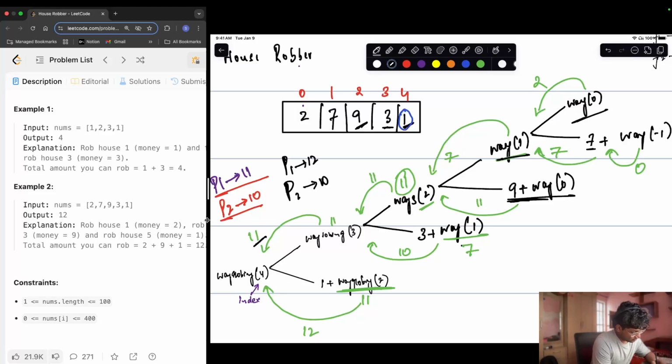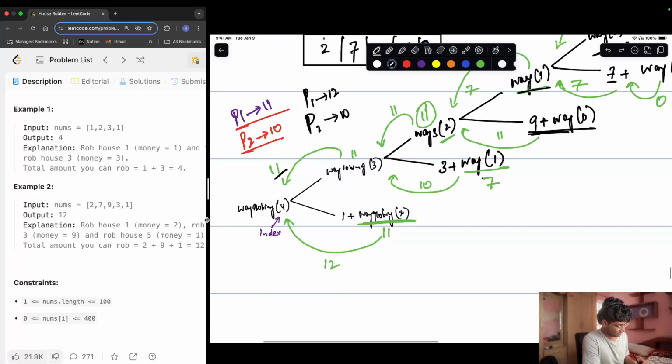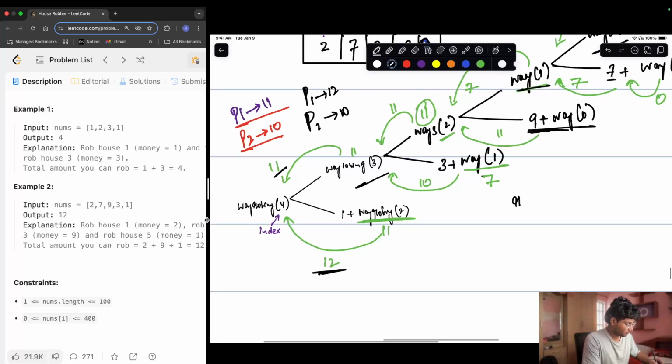So what are the ways of picking? What is the maximum profit by not picking 1? It is 7 and 3, which is visually 10, but why am I getting 11 over here? Okay, maybe I made a mistake in my calculation somewhere, right? But you guys get the point, right? Since our final answer is 12, which was correct, maybe I made a mistake calculating the left subtree. But we're going to pick the maximum one, which is going to return us the answer.